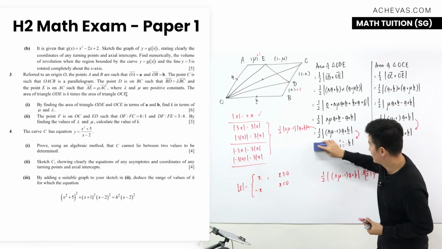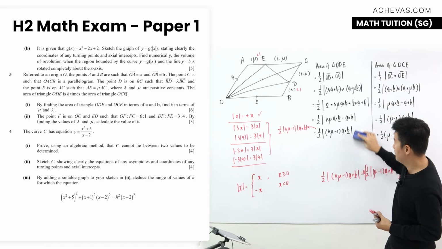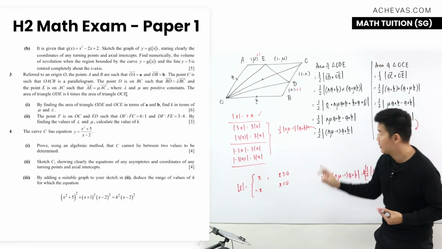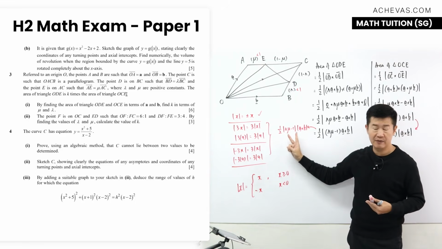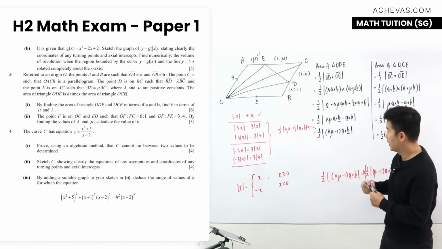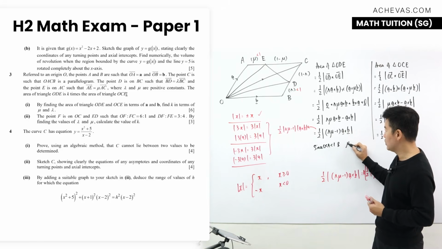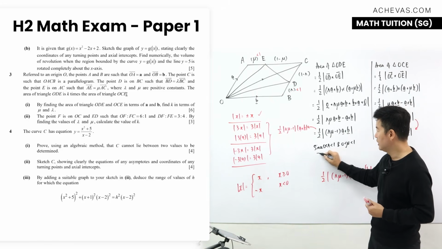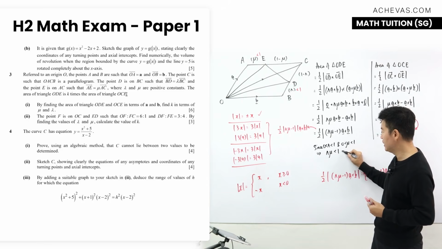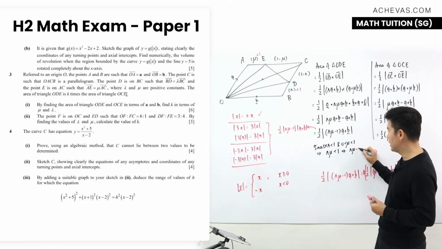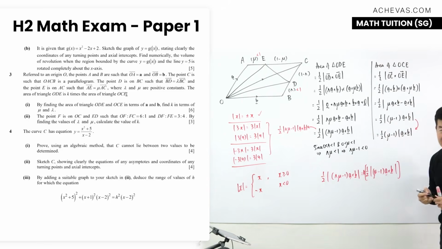So from my analysis, I cannot just simply remove the modulus. I will either leave it as it is, or I will say something like this. Since lambda is between 0 and 1 and mu is also between 0 and 1, this tells me that lambda mu must be less than 1, which also tells me that lambda mu minus 1 must be less than 0.